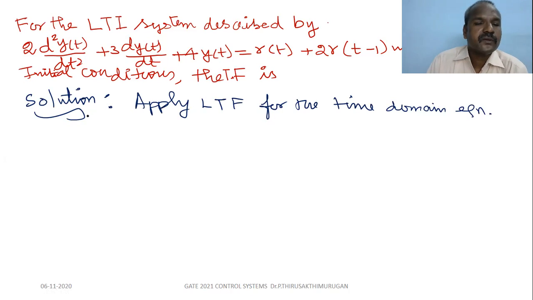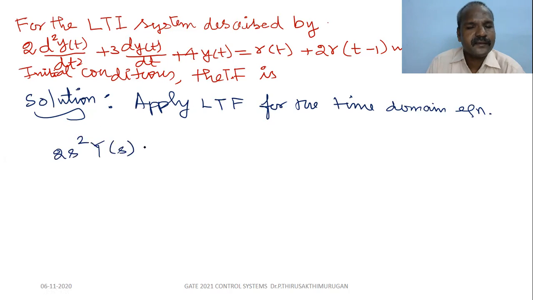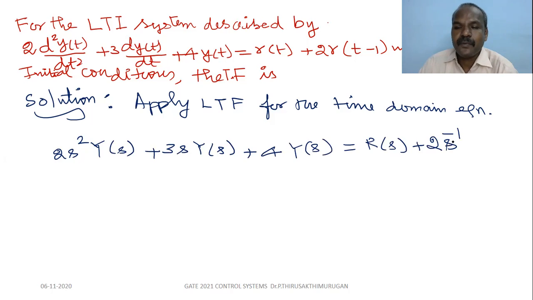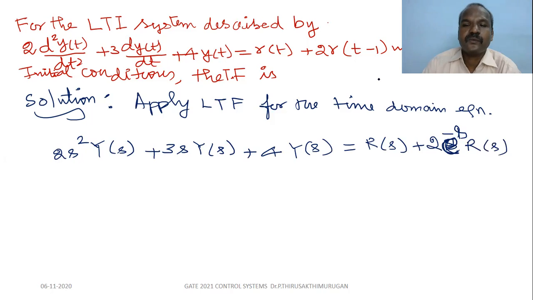Keeping initial conditions 0, we get 2s square y of s plus 3s y of s plus 4 y of s equal to r of s plus 2 e power minus s into r of s, since the Laplace transform of a shift by 1 gives e power minus s.